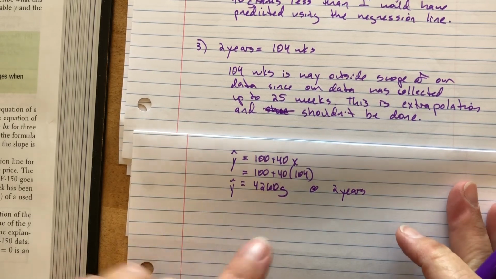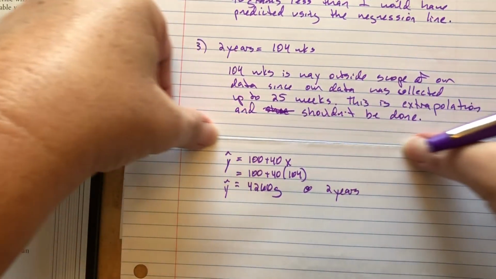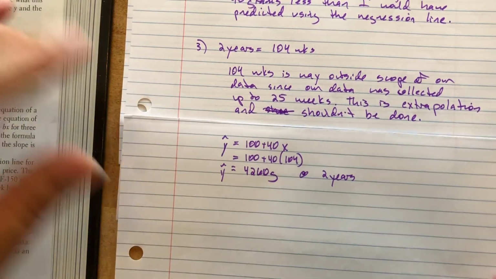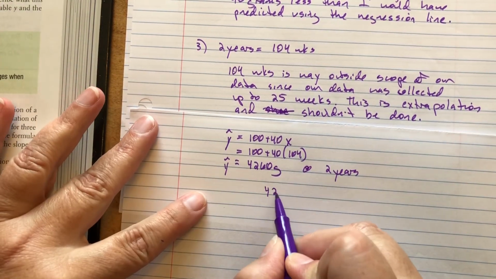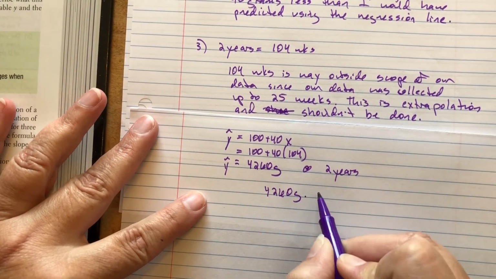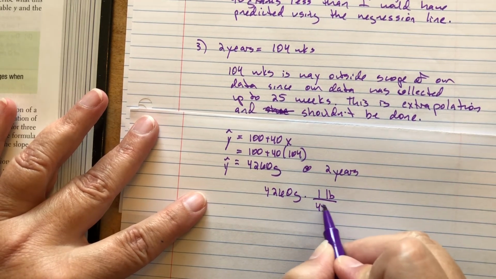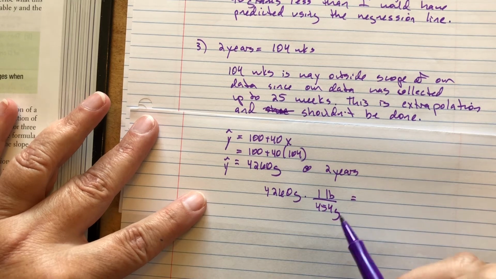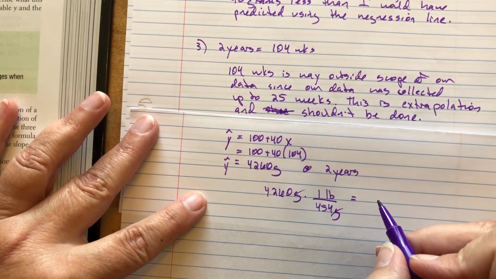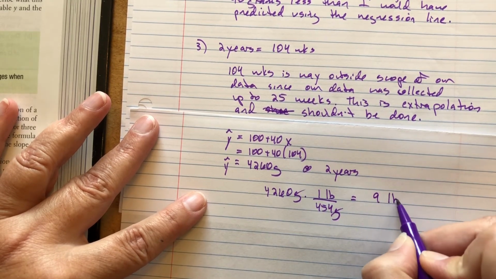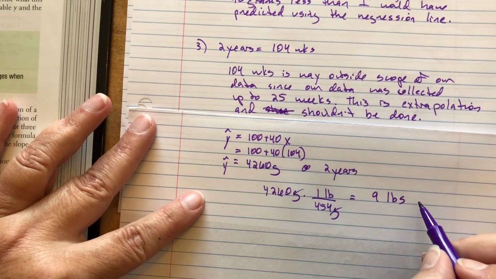Well, 4,260 grams. Again, we're in America, I have no concept what a gram is, but a pound I do. So if I convert this to pounds, 1 pound is about 454 grams. So this ends up being, holy moly, a 9-pound rat.